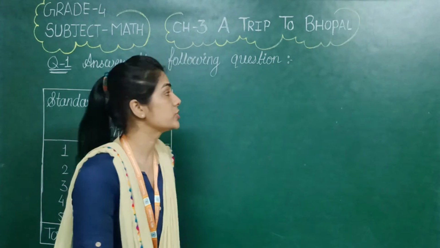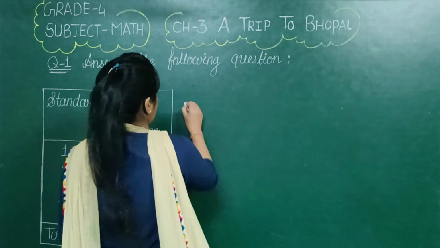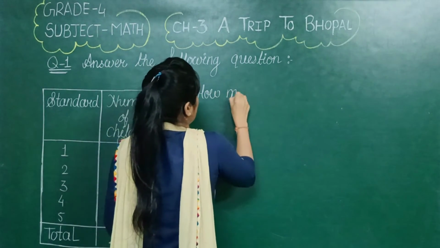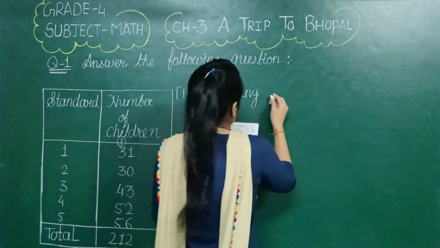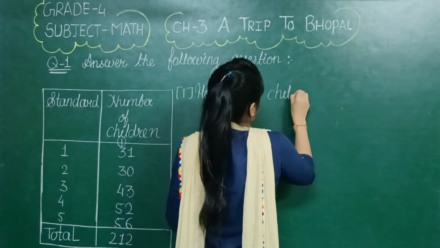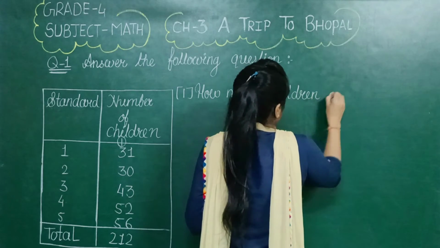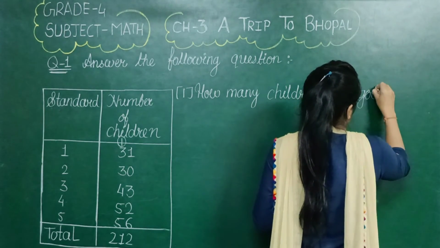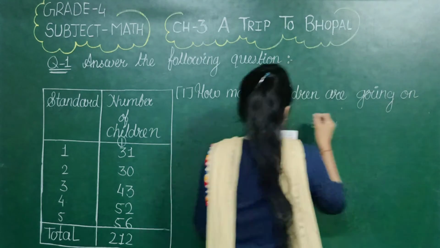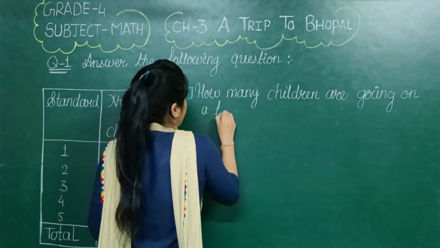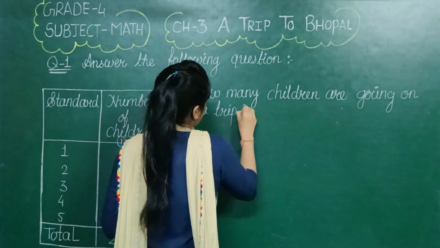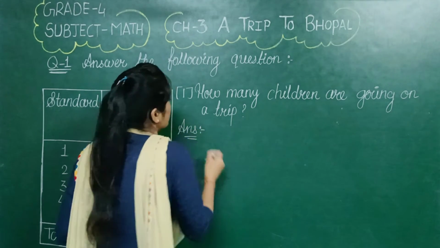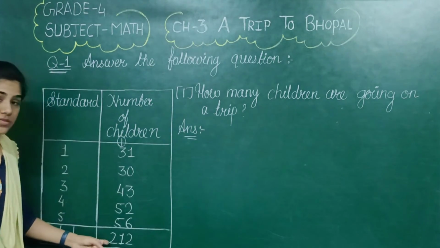Now let's see question number 1, which I am writing. The first question is: how many children are going on a trip? I have already told you how many children are going, and we have already found this answer.